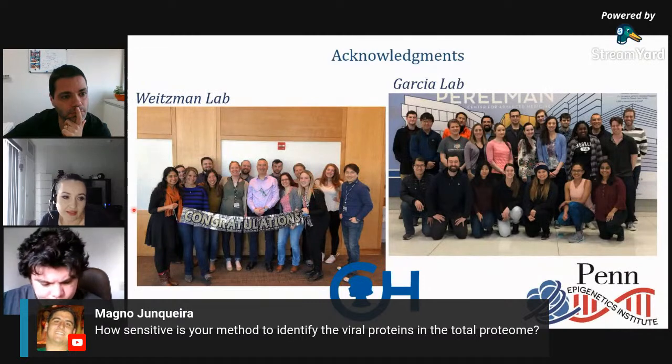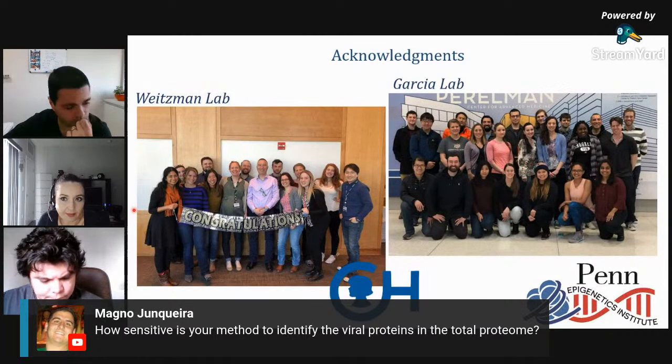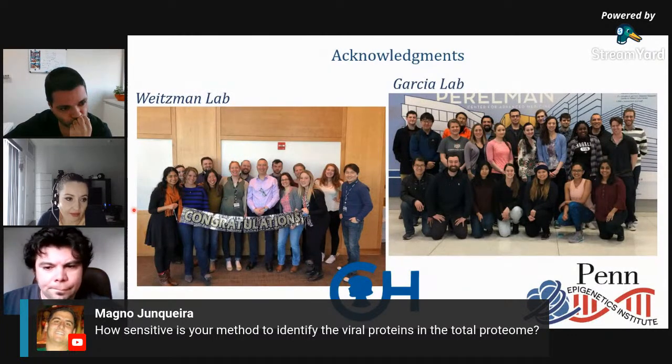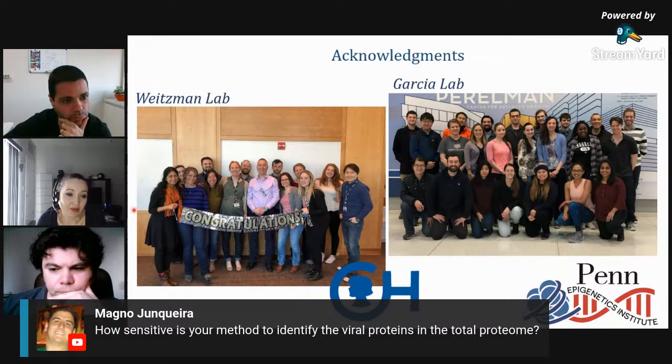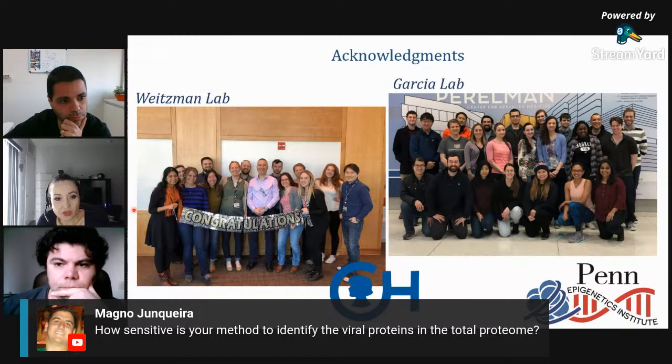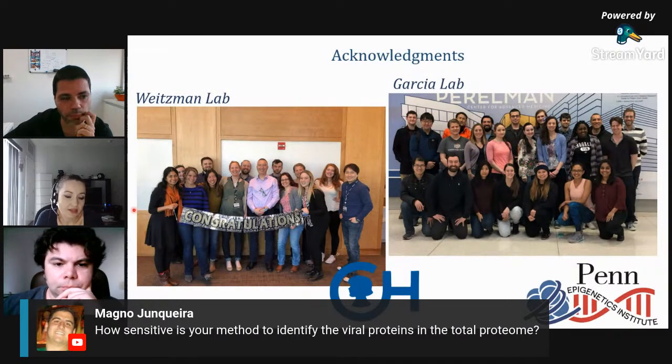When I was performing this, we still couldn't deal much with detergents for the mass spec. But today we know that S-Traps perform so well. So what I would do, I would use S-Traps and lyse with SDS instead of urea myself. But usually the sensitivity is very high. The problem is only with membrane proteins and the proteins enriched with glycosylations. That's why we are losing some of them.